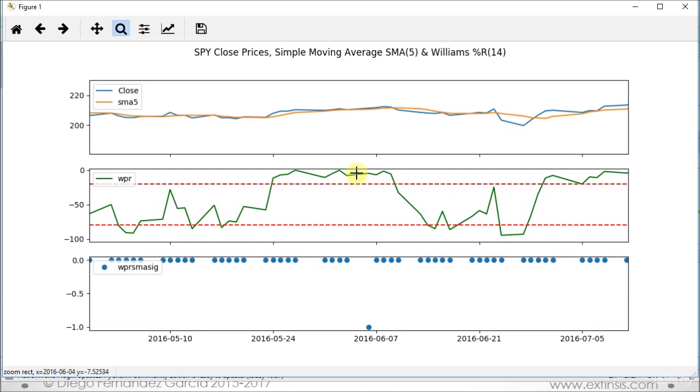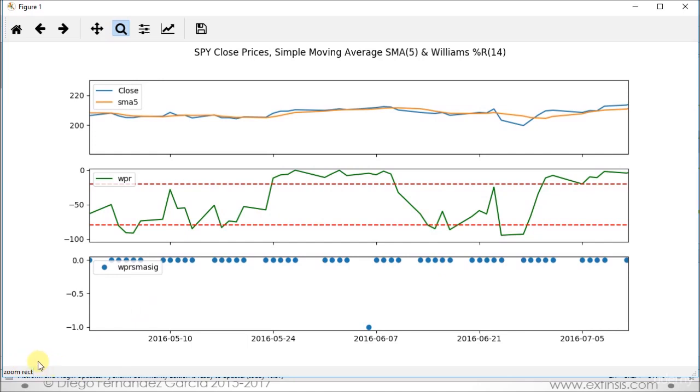So if it is above -20, then it is considered overbought. Therefore, we have a sell signal. We would need to have a place where our close price cross from below to above, and this would need to be confirmed by our technical indicator oscillator being below -80 or in a oversold area. Therefore, we would have a buy signal, which is not the case in this example.